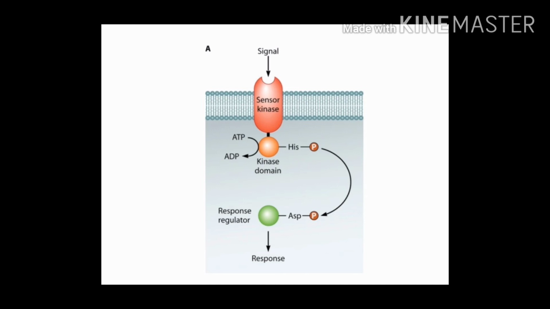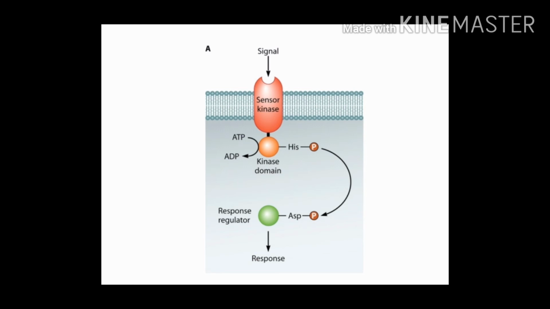As soon as the transmitter domain becomes autophosphorylated on a histidine residue, the phosphate group is then transferred to the specific aspartate residue near the middle of the receiver domain of the response regulator protein. As a result, specific aspartate residue becomes phosphorylated, which in turn causes the response regulator to undergo a conformational change that results in its activation.